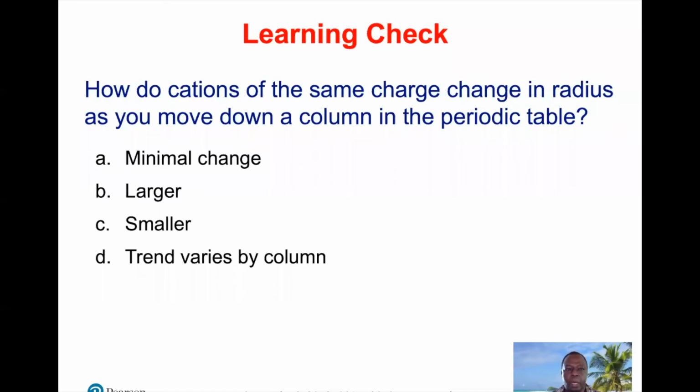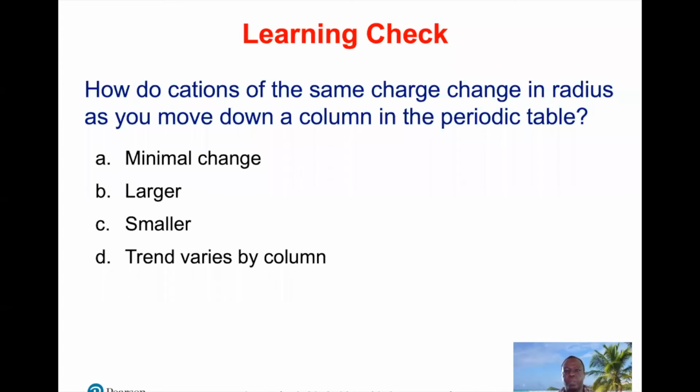How do cations of the same charge change in radius as you move down a column on the periodic table? Remember, they have the same charge as you move down.